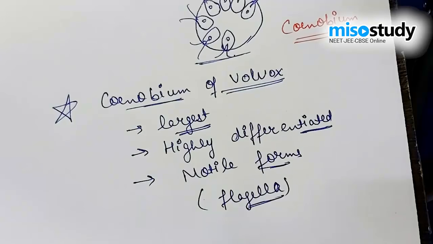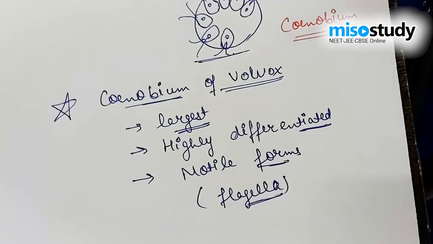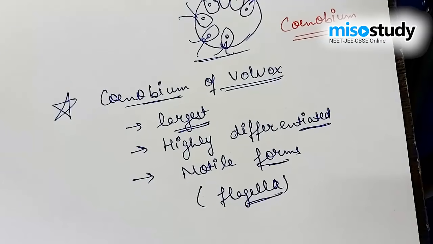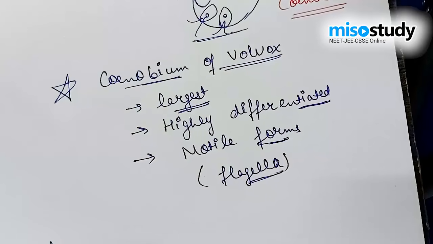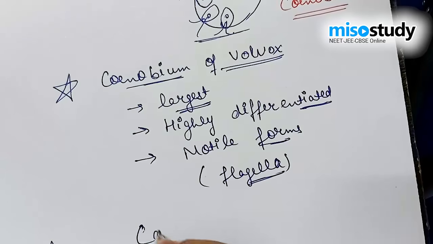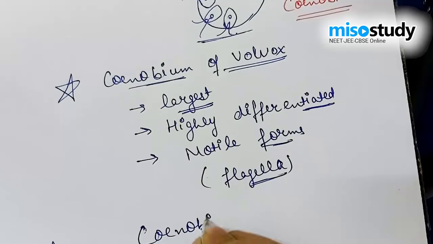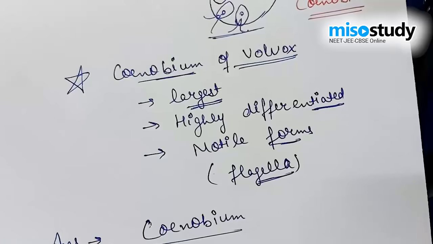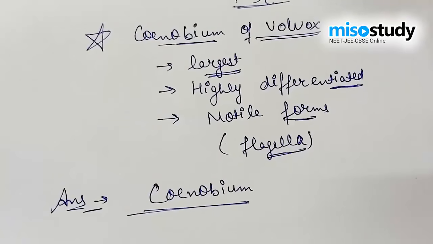So after discussing the coenobium and the colonial green alga, the right answer for the question is option D, that is coenobium.